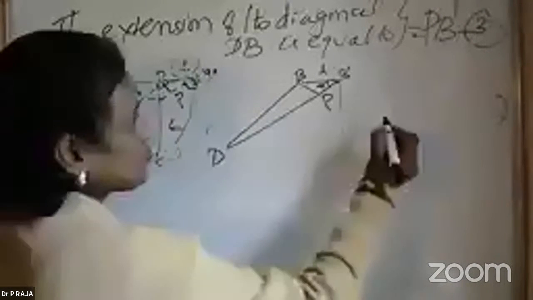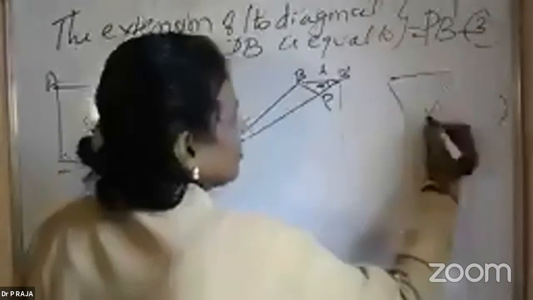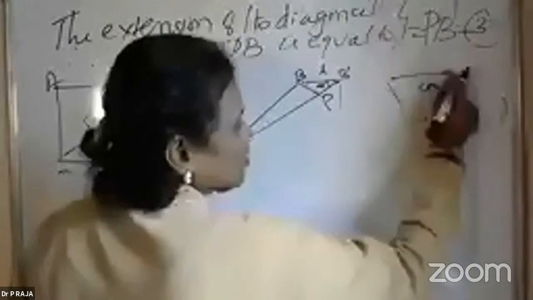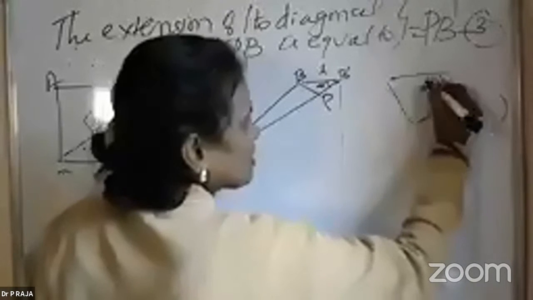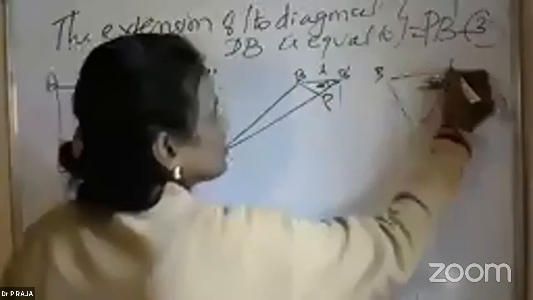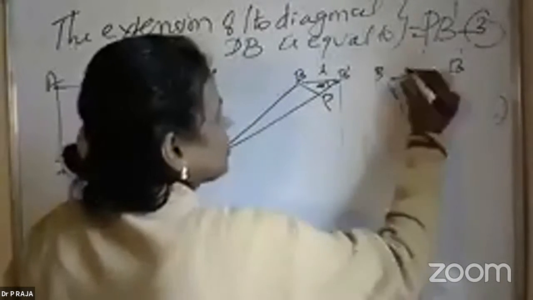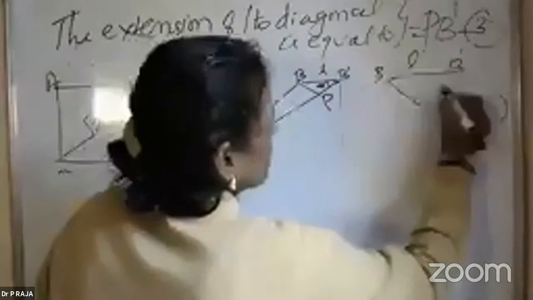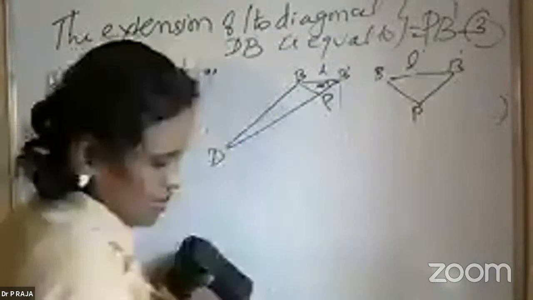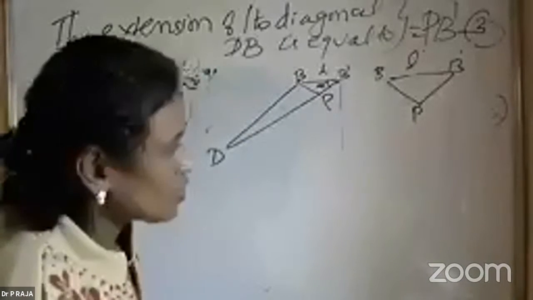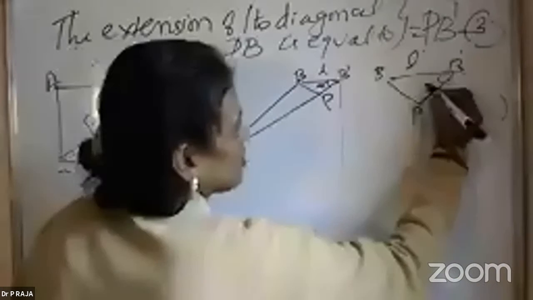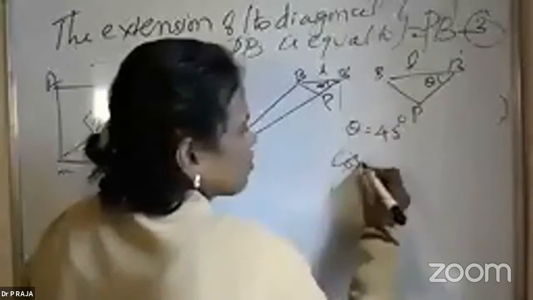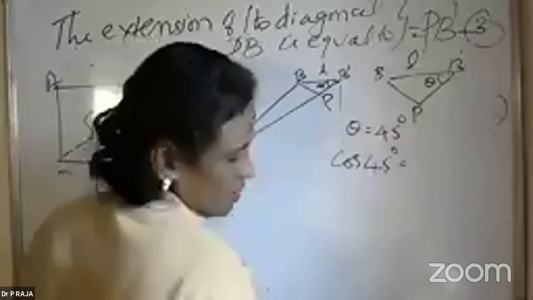You know that. Take it in a big form. Take the cosine of angle 45. Cos 45 you need to take. So theta is here, B dash, this is L. Theta is 45 degrees. We need to take cos 45 degrees over here.